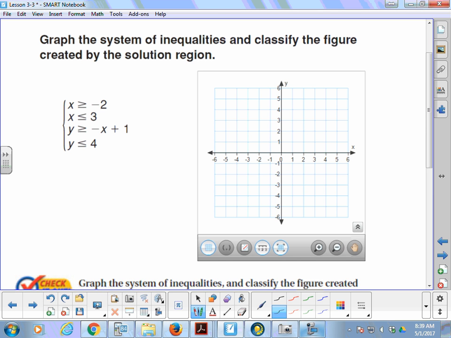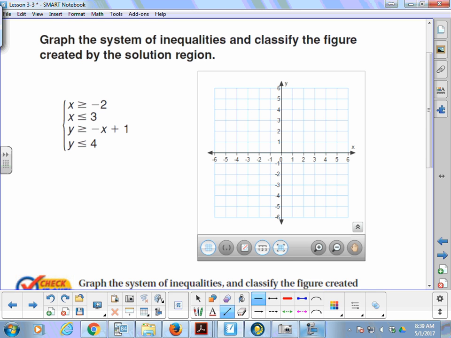It might be a square, a parallelogram, a rectangle, or some other type of quadrilateral, could be a trapezoid. Now you all know what a trapezoid is, right? A trapezoid just has one pair of parallel sides. So we're going to do all 4 of them, and then we will figure out what that region is when we're done.